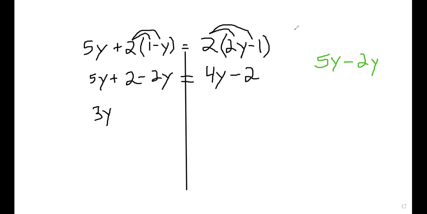All we need to worry about in these, when the letters are the same, is just worry about the numbers. So 5 take away 2 is 3. And the letter, the variable, just kind of goes along for the ride. So that's y. So these are gone. We don't have to worry about those anymore on this side. And we're left with plus 2.